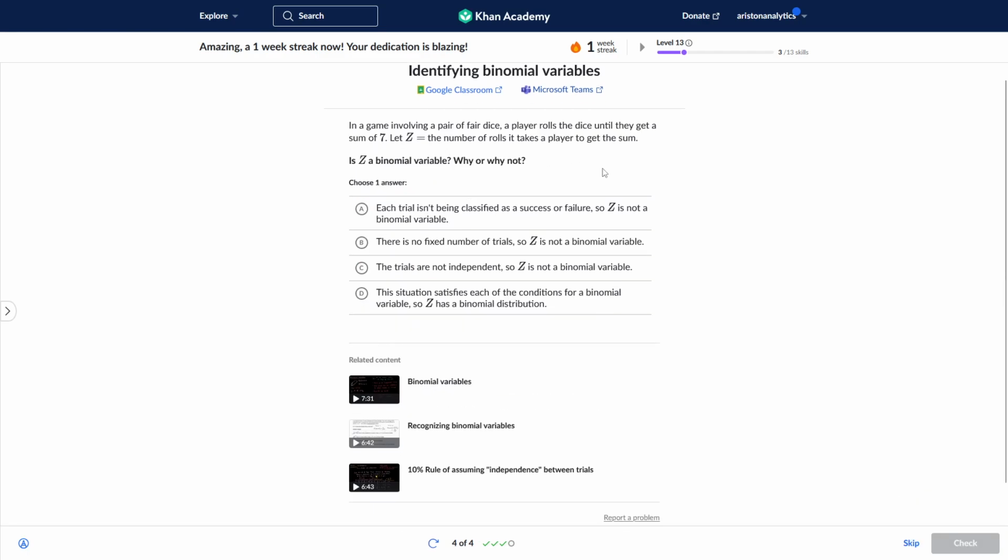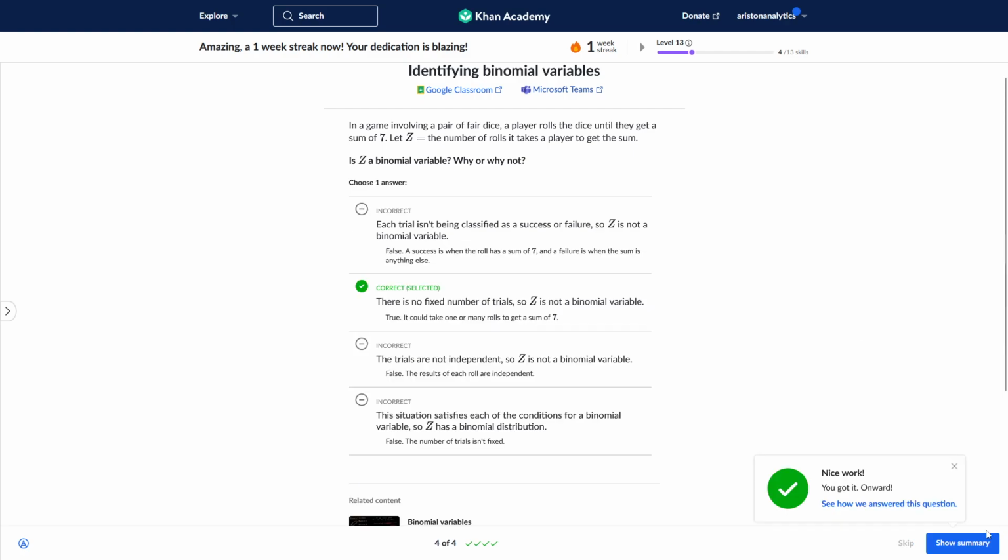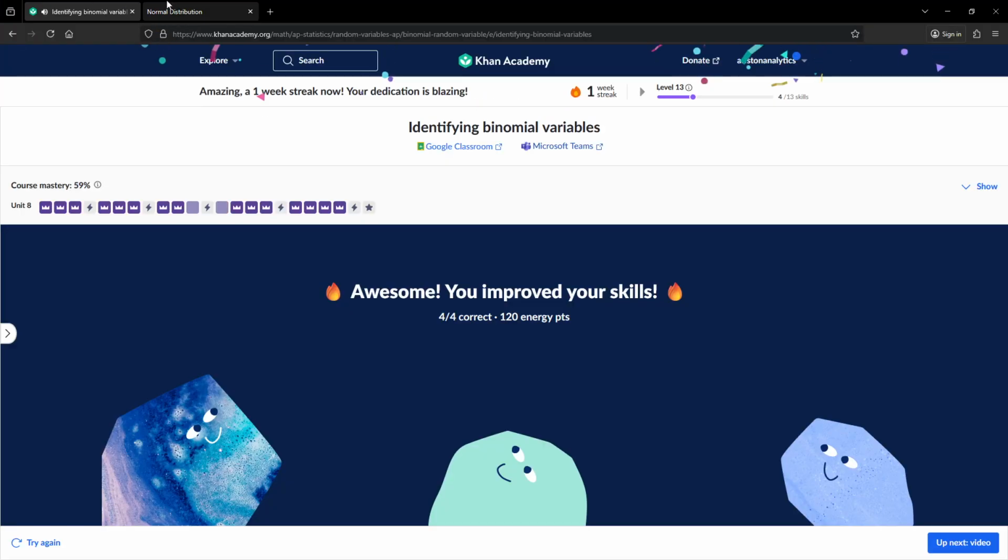Is Z a binomial variable, why or why not? No, because there are no fixed number of trials. Easy, okay, so, cool.